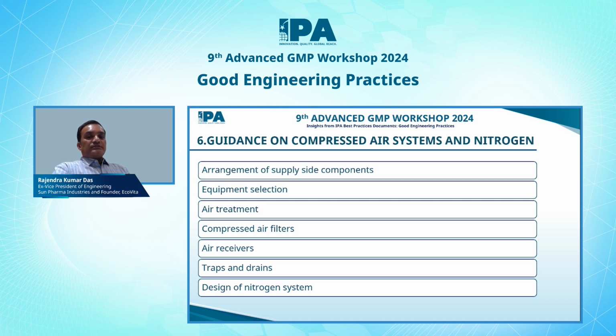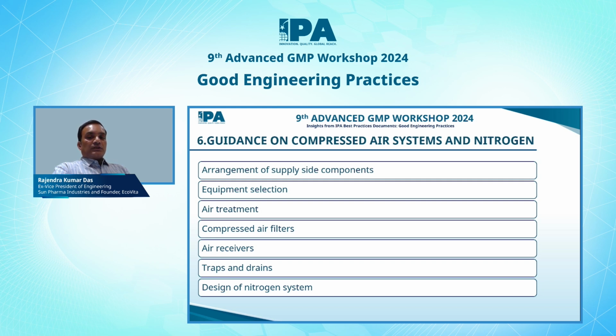The next utility which plays a significant role is compressed air and nitrogen in the process. Here, starting from design selection, air treatment, then filtration, and how the whole network is maintained is described.